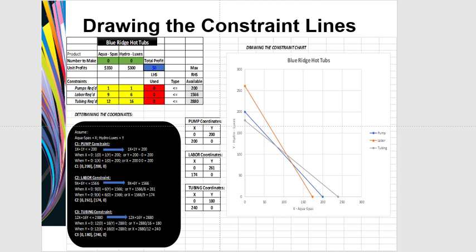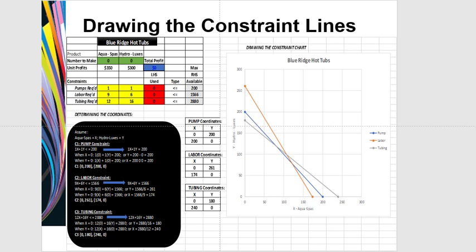When y is 0, x will be equal to 200 minus 0, which is equal to 200. So when y is 0, x is 200, and when x is 0, y is 200. So you need to determine these coordinates.